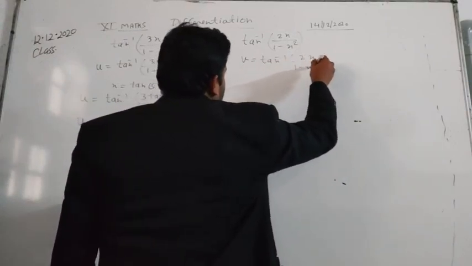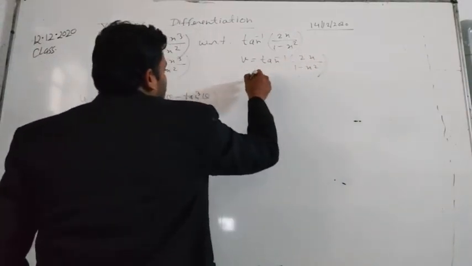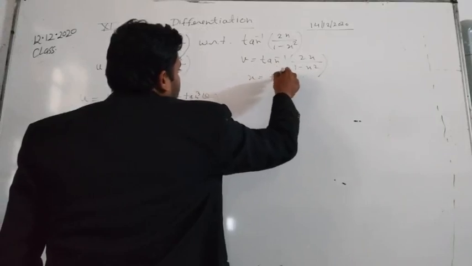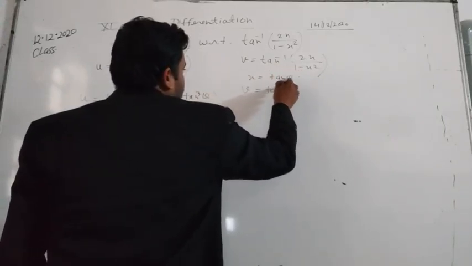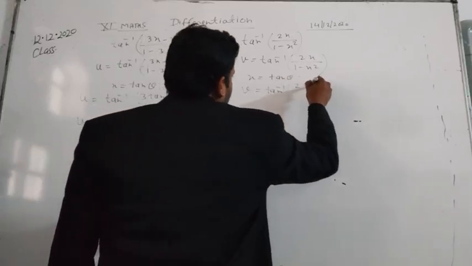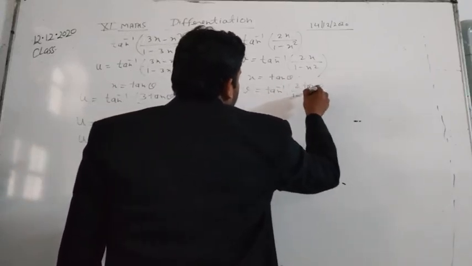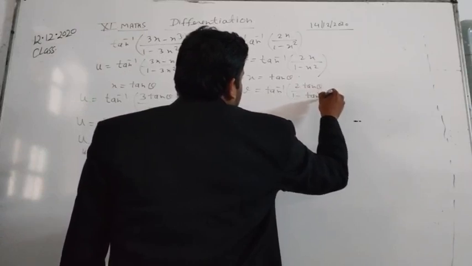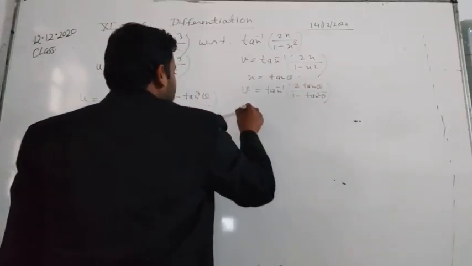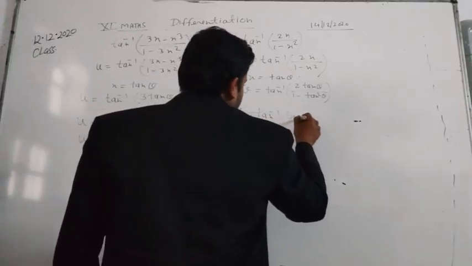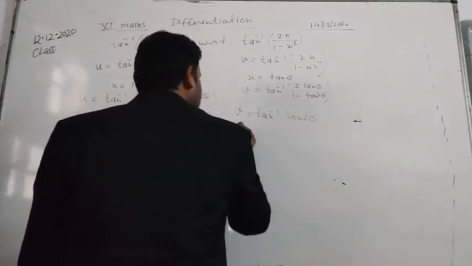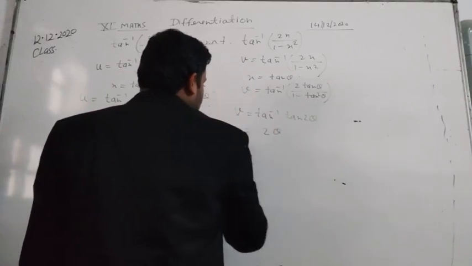Similarly v is tan inverse 2x upon 1 minus x square. x is tan theta, so v is tan inverse 2 tan theta upon 1 minus tan square theta. So v is tan inverse tan 2 theta. So v is 2 theta.